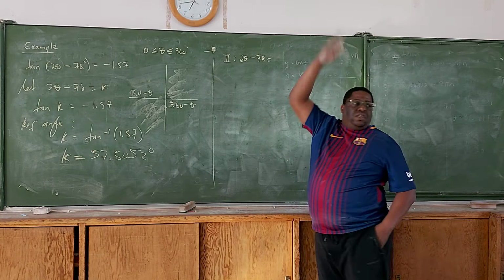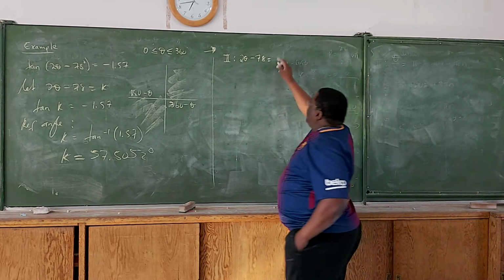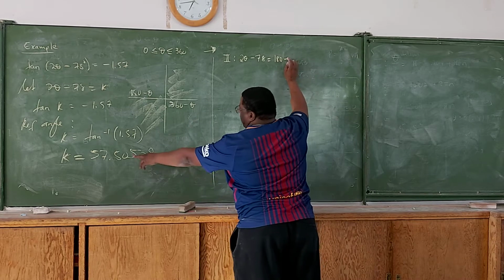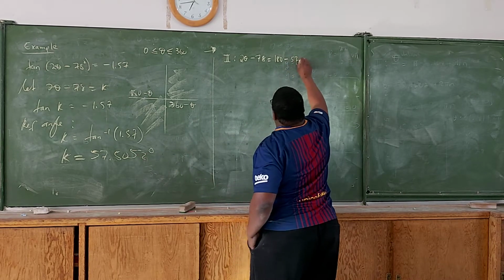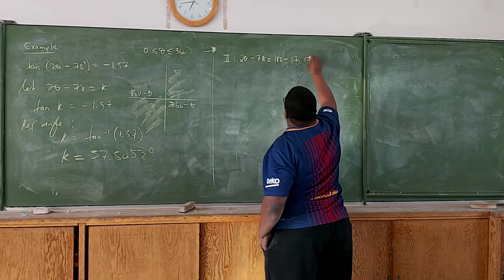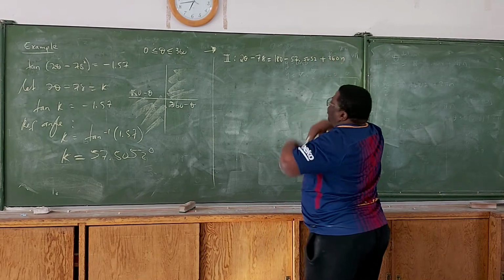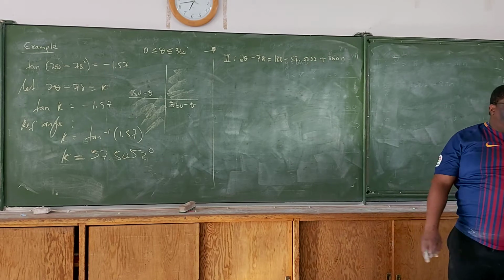In the other ones, it's just theta over 2 or whatever, right? Equals 180 minus 57.5052, then plus 360n, because it repeats itself after 360 degrees.